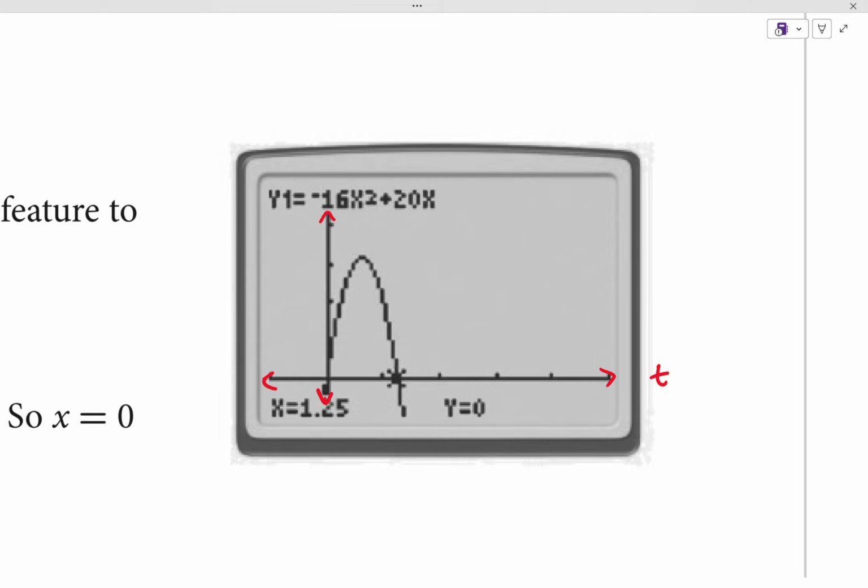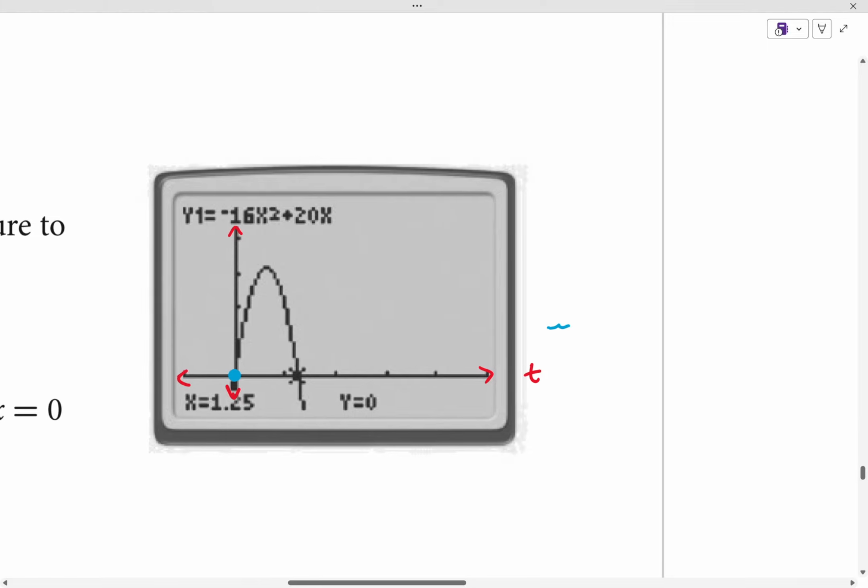So at 0 seconds, the dolphin is right at the surface of the water, right? Okay, here's your water. Here's my dolphin. Okay, not super great, but it's good enough. I'm not sure why I'm spending time doing this, but it's okay.